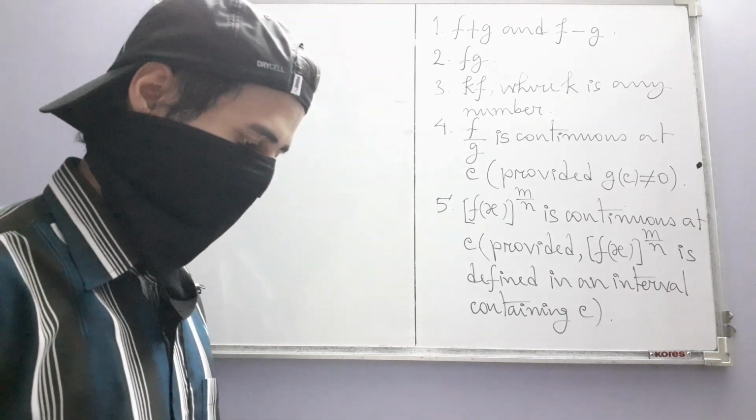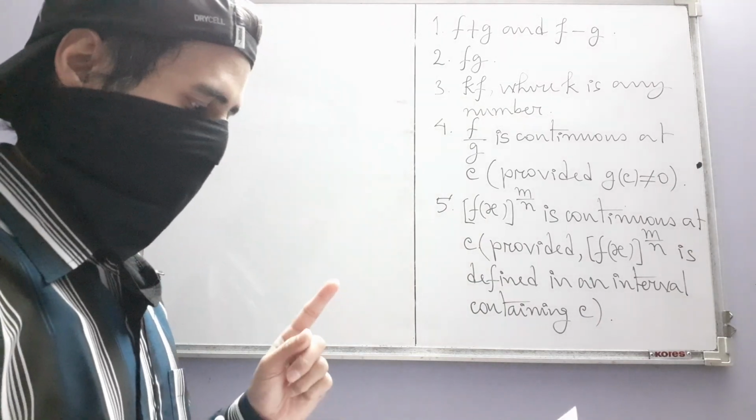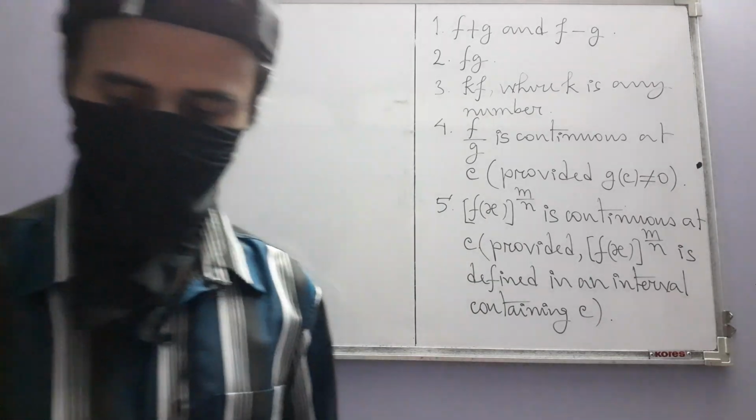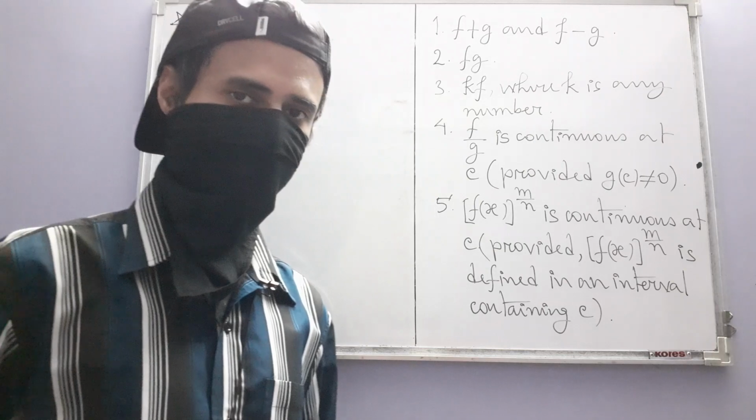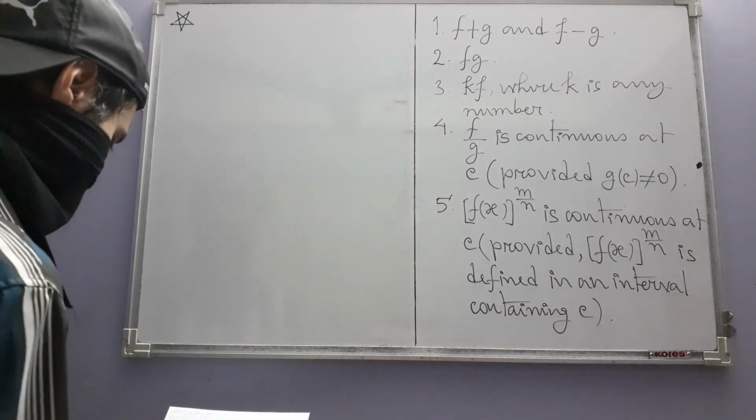And besides this, from these rules, we also get something else: continuity of polynomial functions and rational functions. That is the next theorem.